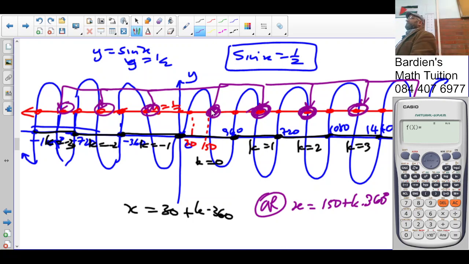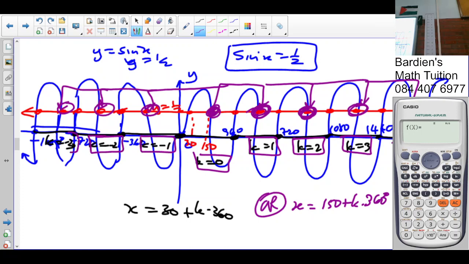You guys understand? Well, what do you notice about the nature of k? You got 0, 1, 2, 3, 4. What do we call these numbers? These numbers form part of which set?